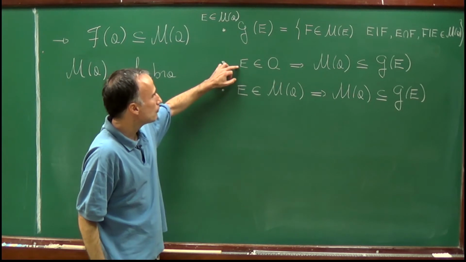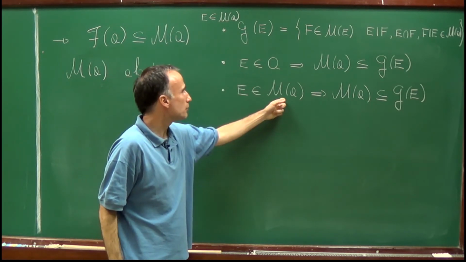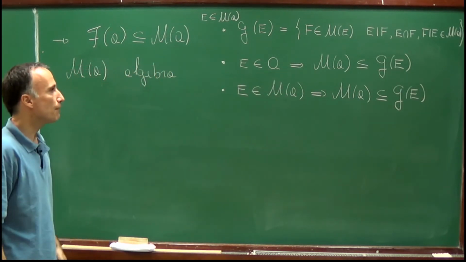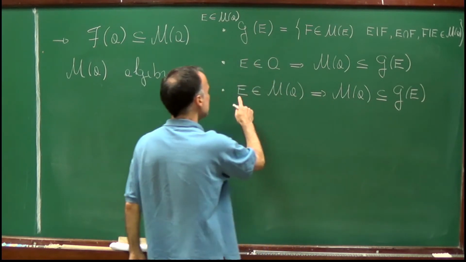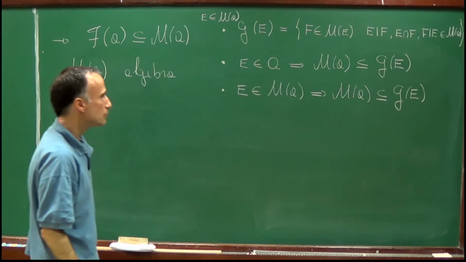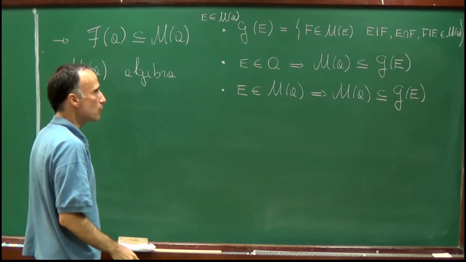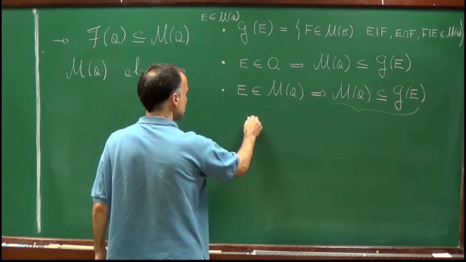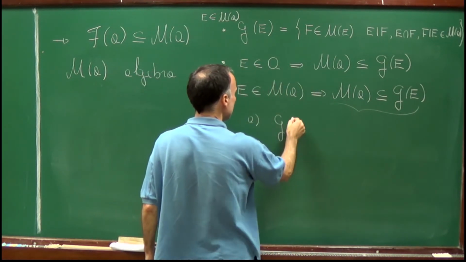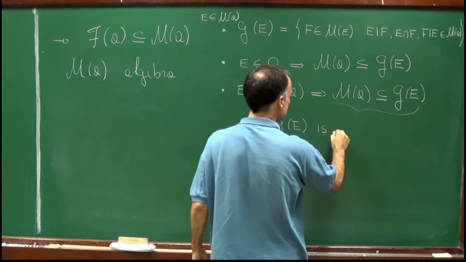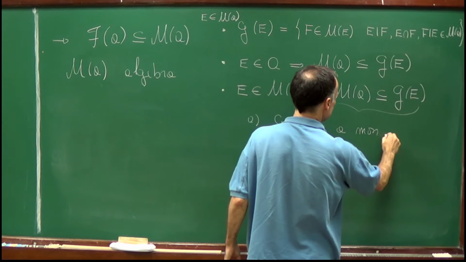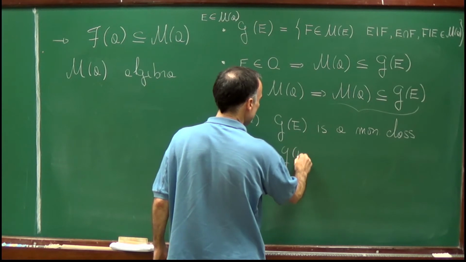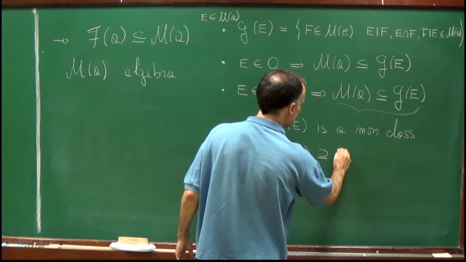So I'm extending the first claim to sets in the monotone class. We proved this claim for sets in the algebra. Now I'm claiming that the same relation holds if we take a set E in the monotone class generated by A. So again, to prove this relation, we will show (A) that G of E is a monotone class, and (B) that G of E contains the algebra.